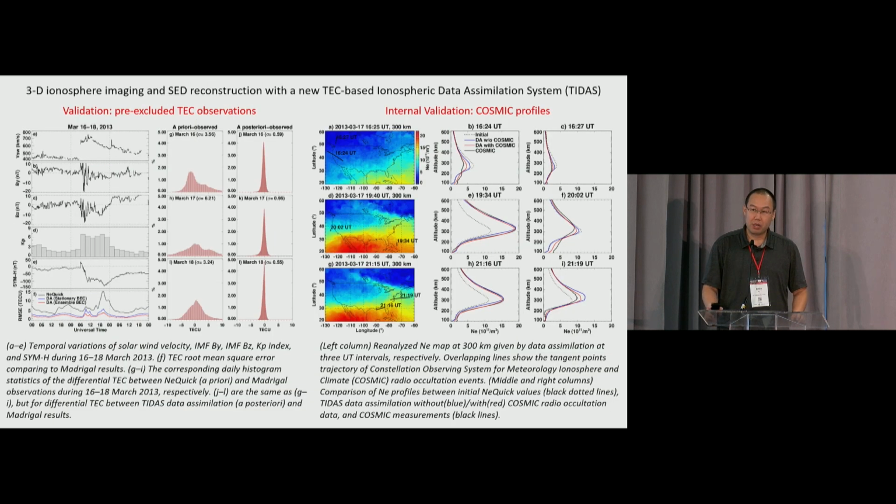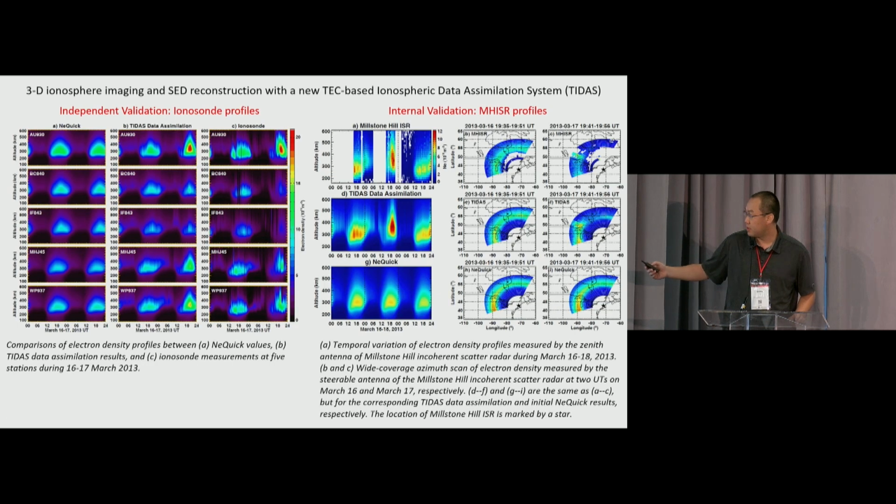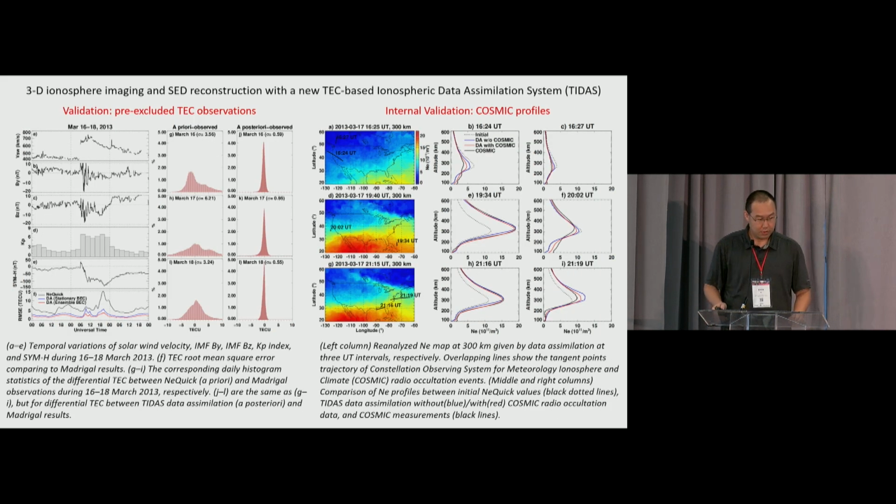So we did some preliminary validation. The first one, we use the pre-excluded TEC data. So we can see before the assimilation, and that's after the assimilation, we can see this is more center-based and with a narrower distribution.